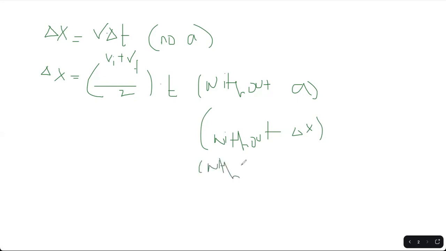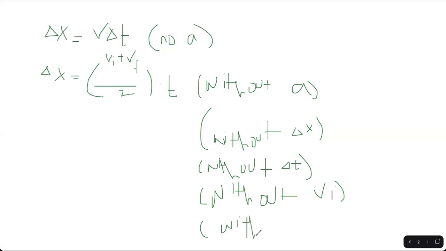So without acceleration, without displacement, without time, without, let's see, and without the two velocities, either initial velocity or final velocity. And as you can see, there's no a in this equation, but there's all the other variables in that equation. So that's why the only variable missing is a.